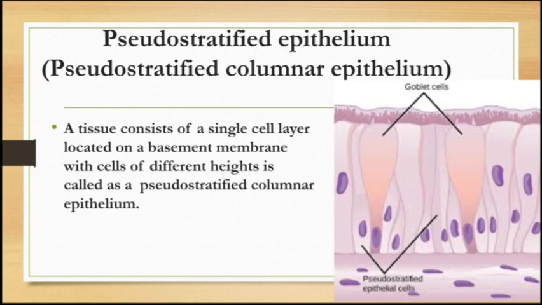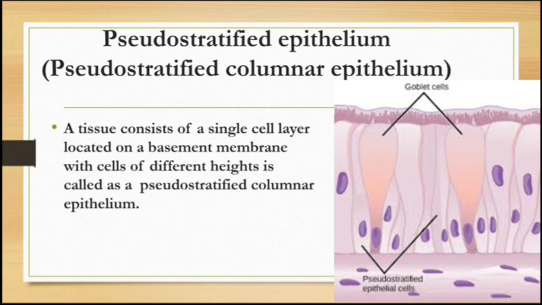Then another type of single layer epithelium is pseudostratified epithelium. There are many types of pseudostratified epithelium, but in your syllabus you have to learn about pseudostratified columnar epithelium only.